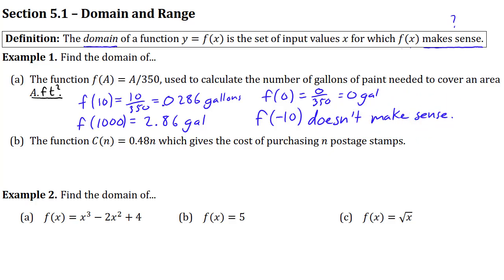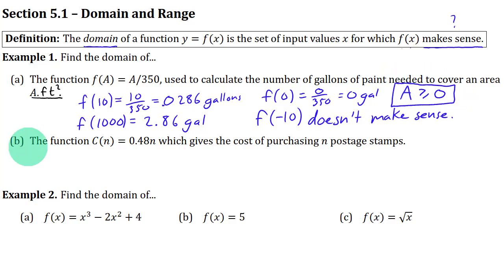Any negative number here doesn't make sense as an area of a wall. So the domain is going to be only the values of a, the input values that make sense here, and that's a is greater than or equal to 0. Okay, so that's the domain that makes sense here.